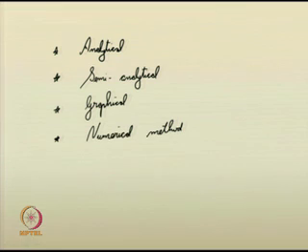If you have a sine function or an exponential function, the integrated values are already available in tabular form, and you can directly substitute. That is the approach used in semi-analytical form.